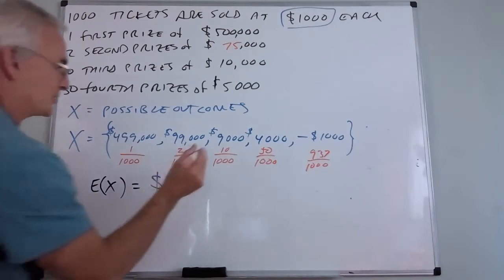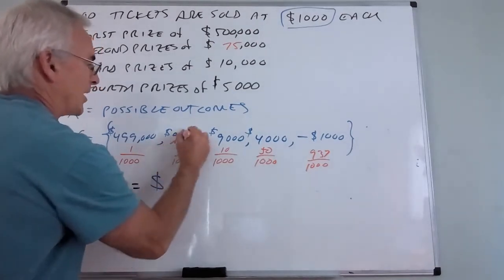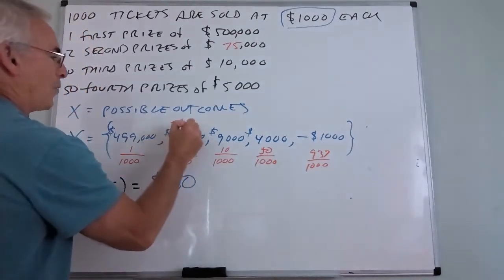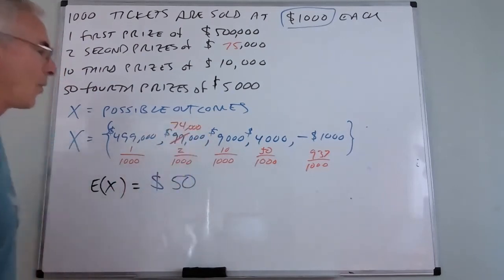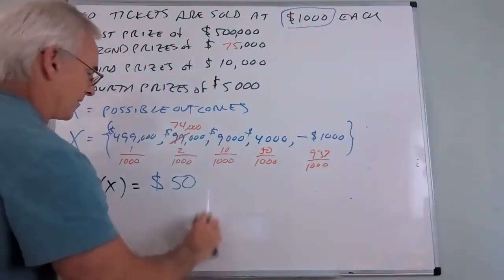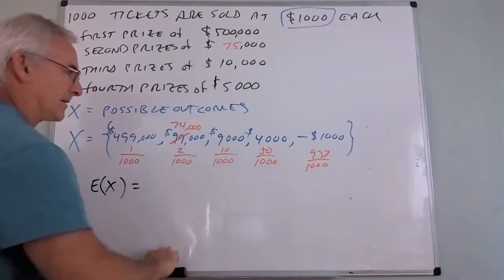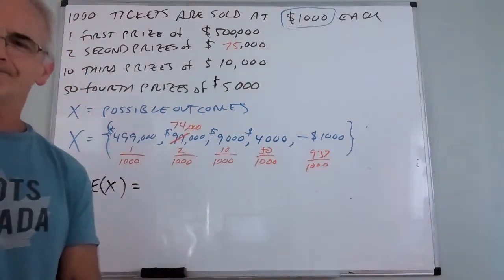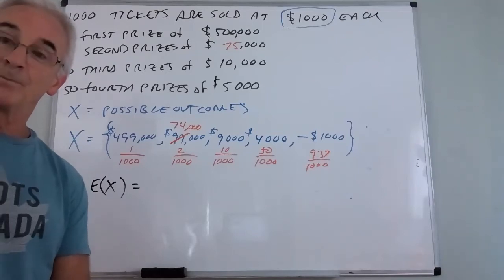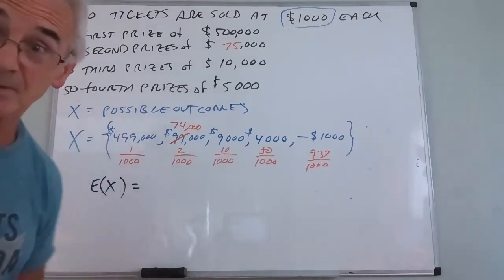So that means that this will now be 74,000. What will that do to my final answer? Make it smaller. Well, it'll make it 0.